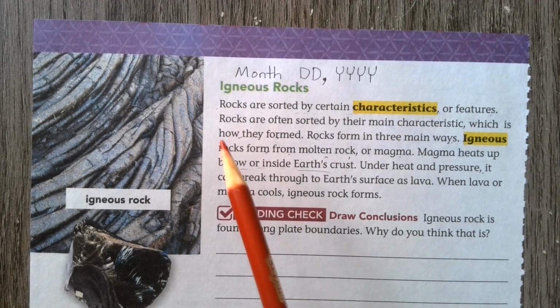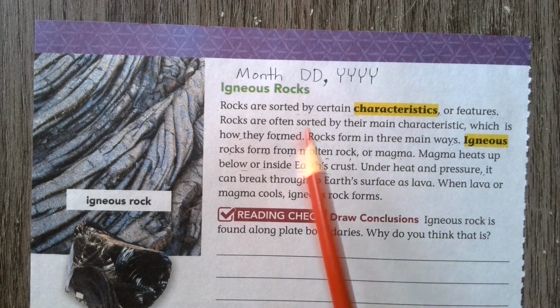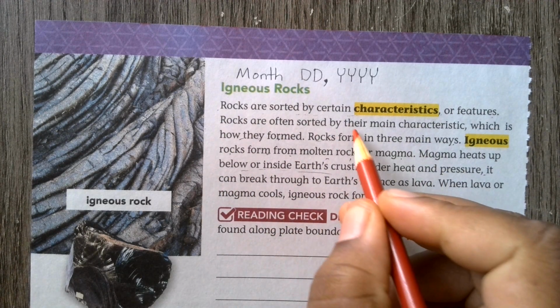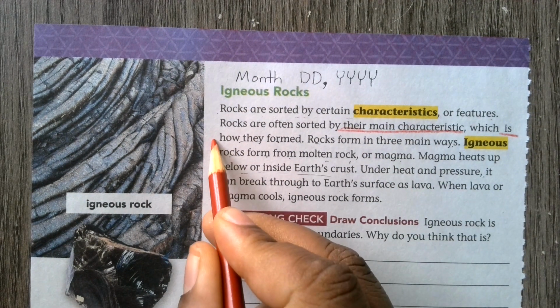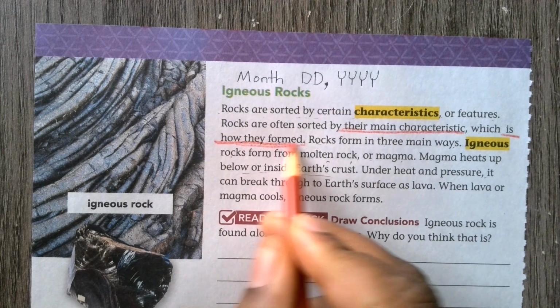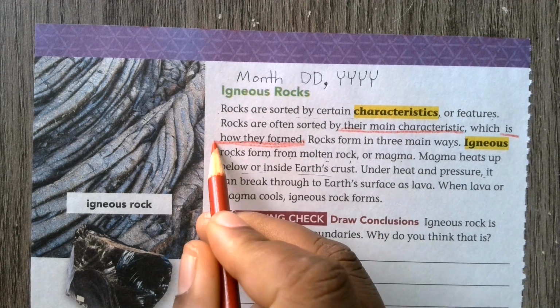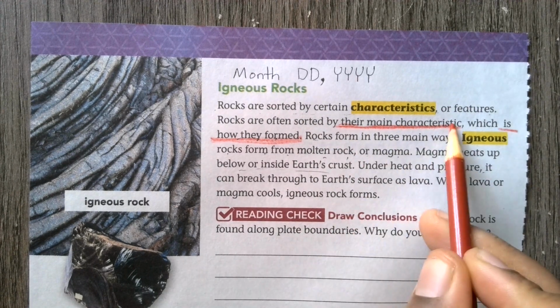And then as I go on to read, it says rocks are often sorted by their main characteristic, which is how they form. So this is telling me that their main characteristic is how they formed. That's the biggest and most obvious way to sort rocks.